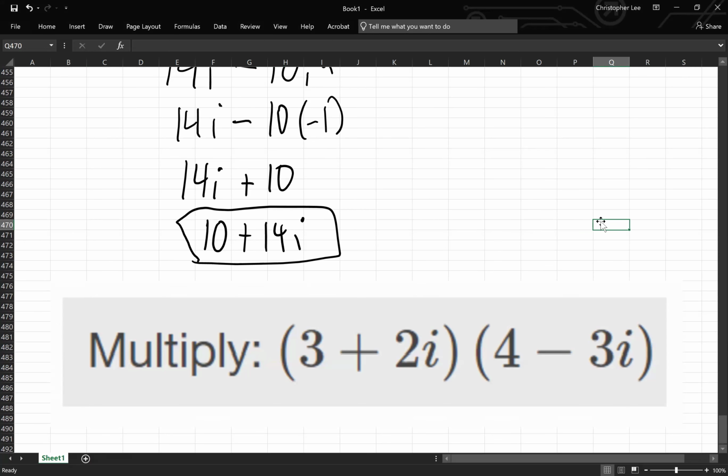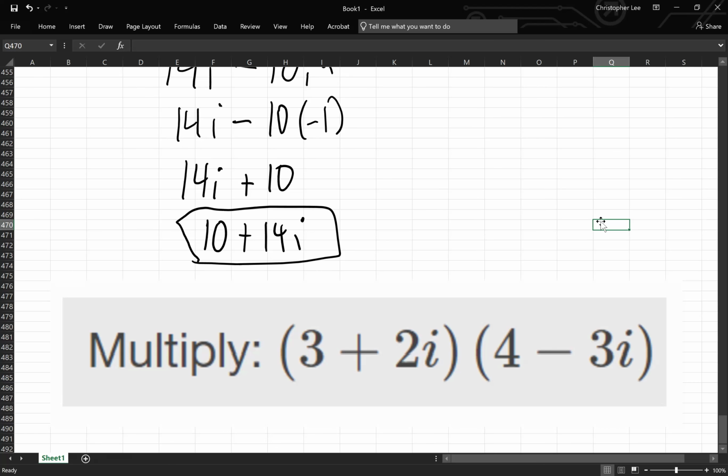Try this out. Distribute. That's the trick.